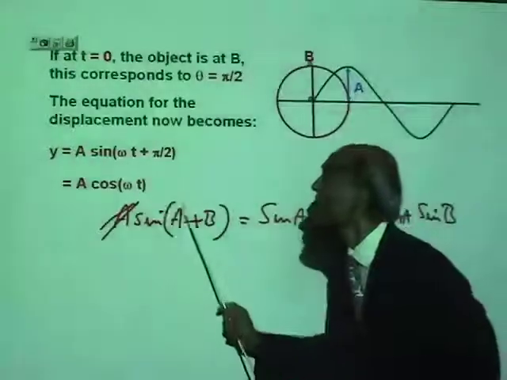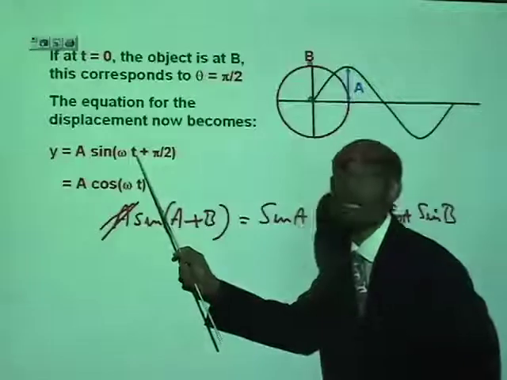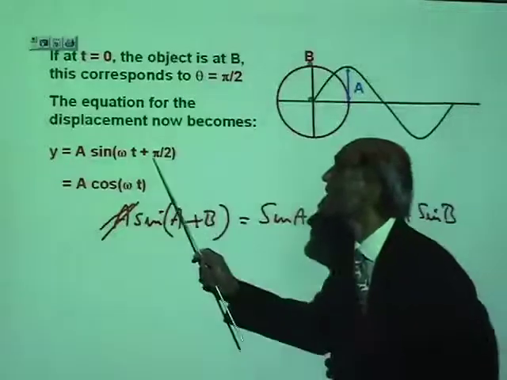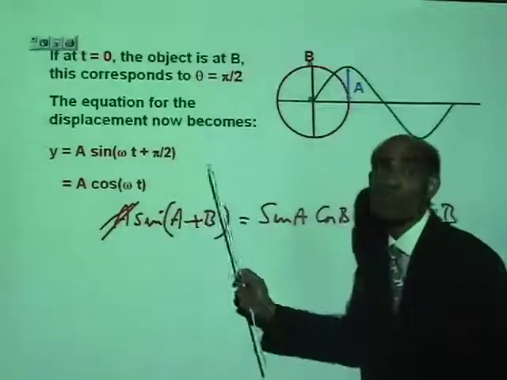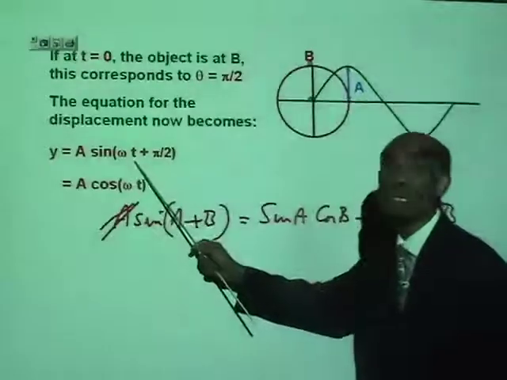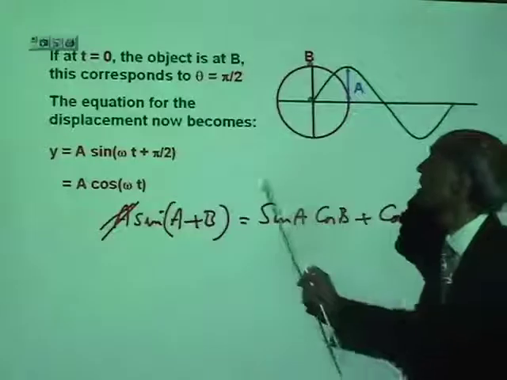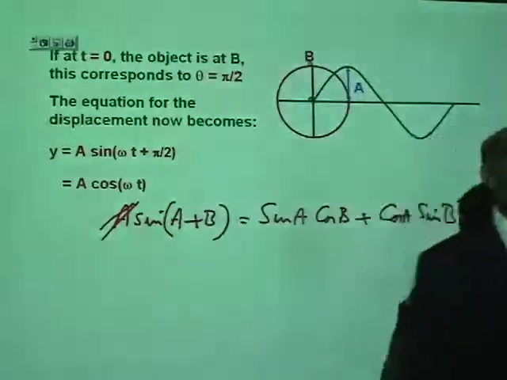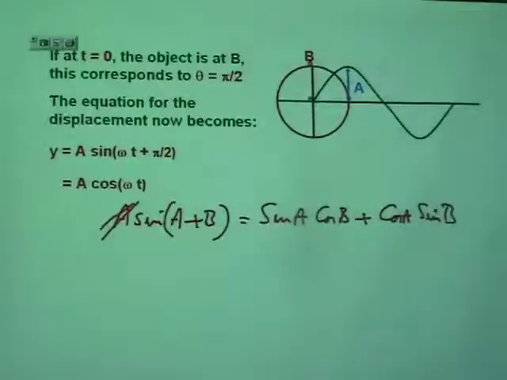In this case, our a is omega t and our b is pi by 2. So, if I replace a by omega t and b by pi by 2, let's see what that will bring us.